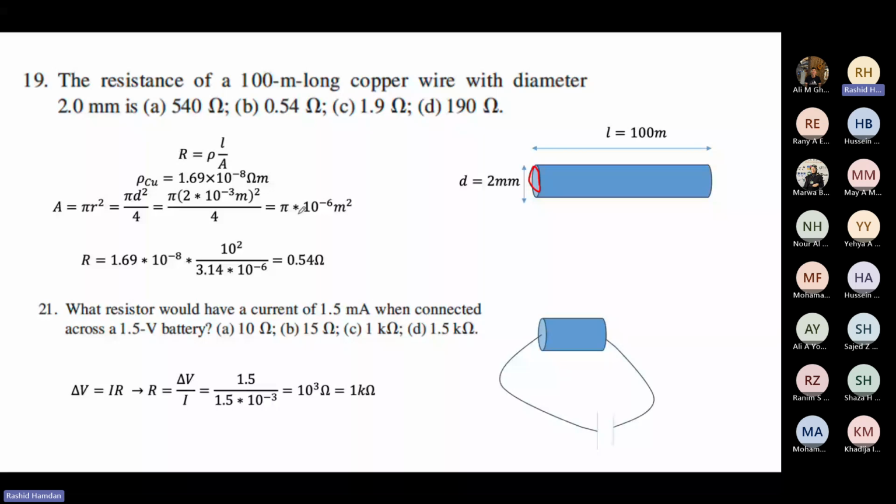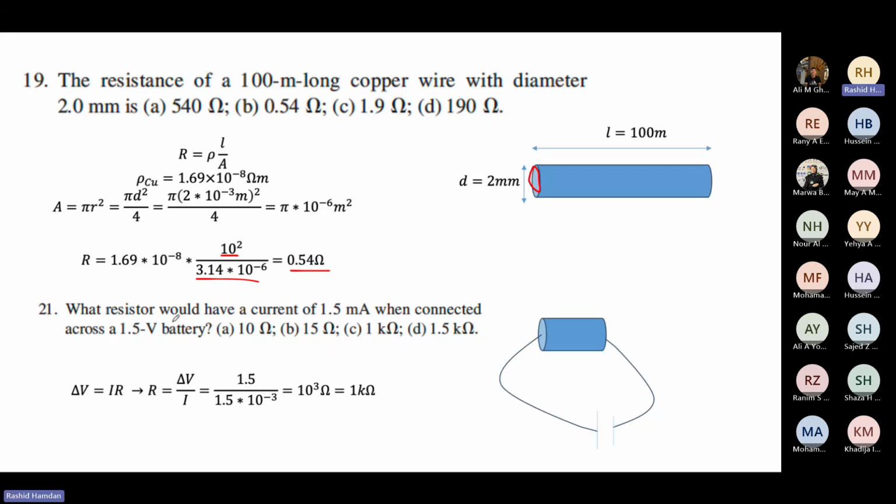Now, the length is 100 meter. So I apply that: 1.69 times 10 power minus 8 over this area, multiplied by 100 meters. I got 0.54 ohm. So that's the resistance of a very long copper wire with a 100-meter length.